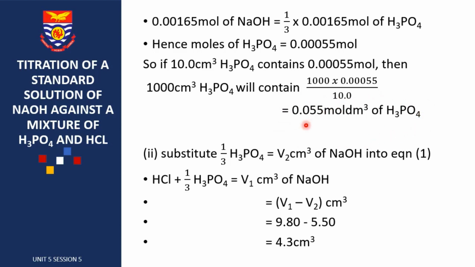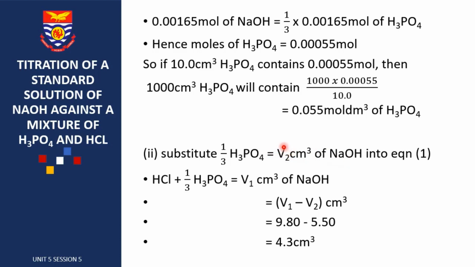Alright, we need to look at the other component, which is the hydrochloric acid. Now, we wrote an equation. The equation was HCl plus 1/3 phosphoric acid being equal to the volume V1. But we have also established that 1/3 phosphoric acid is equal to V2. That's the volume of sodium hydroxide used at the phenolphthalein endpoint.